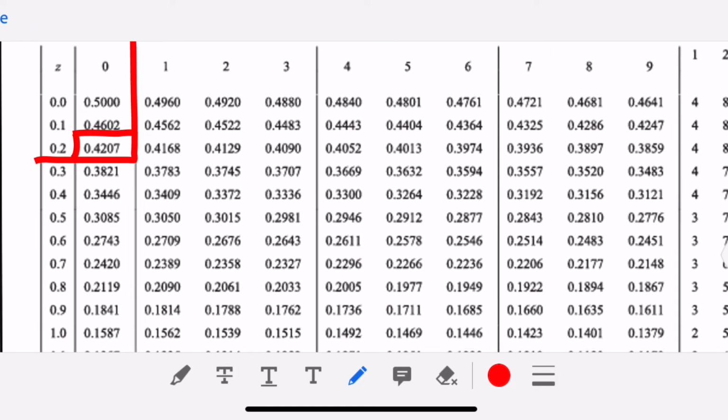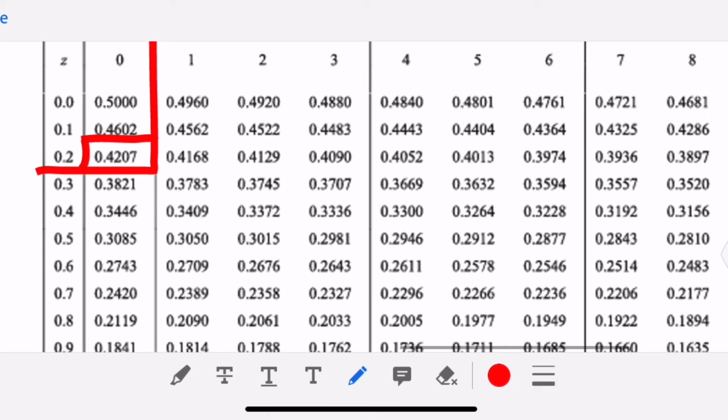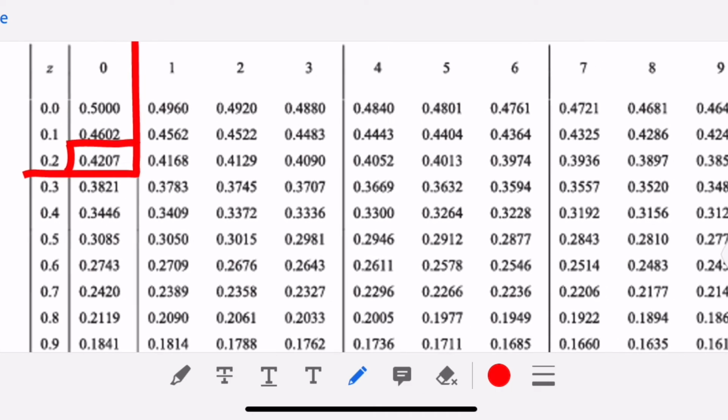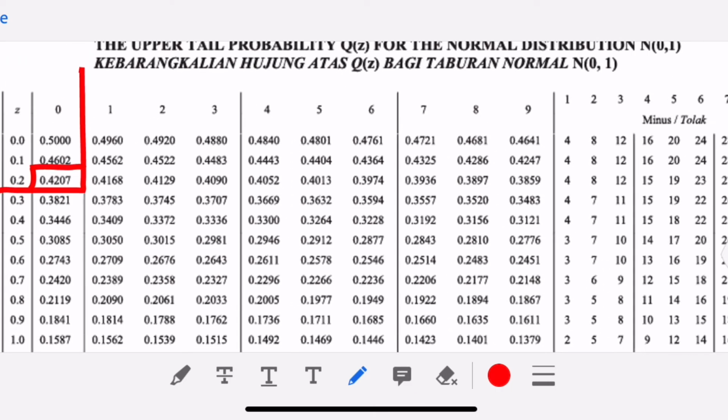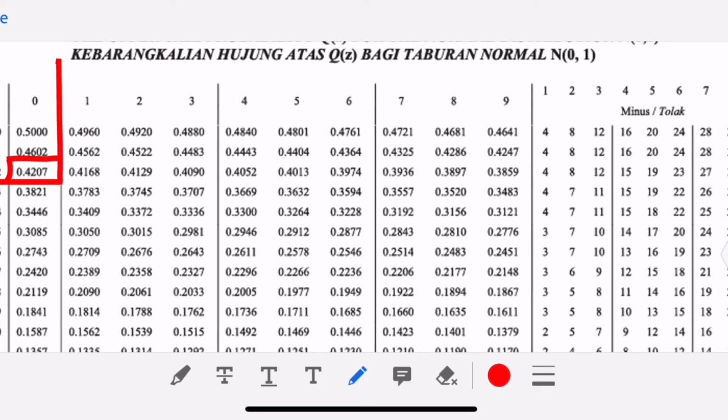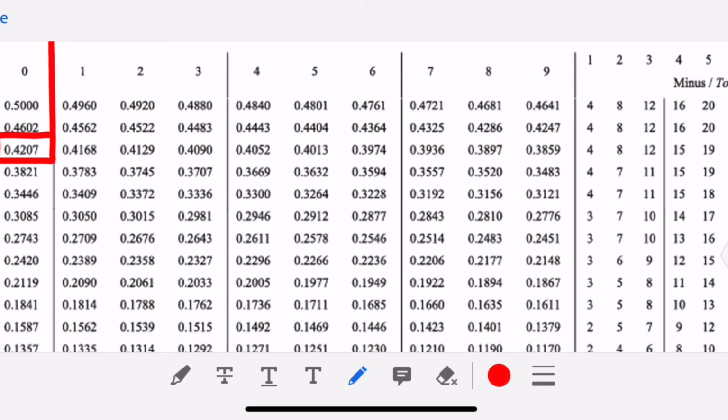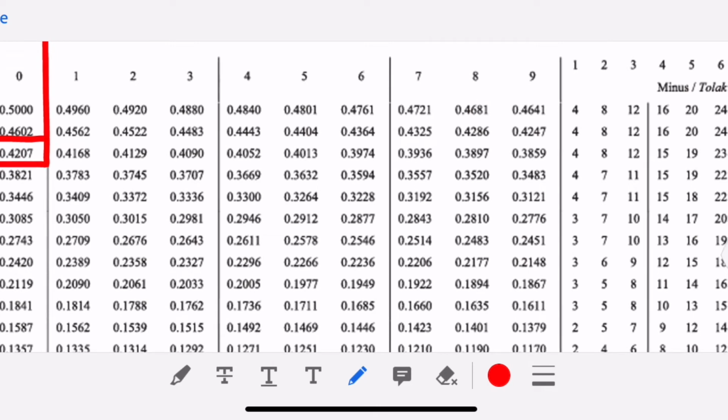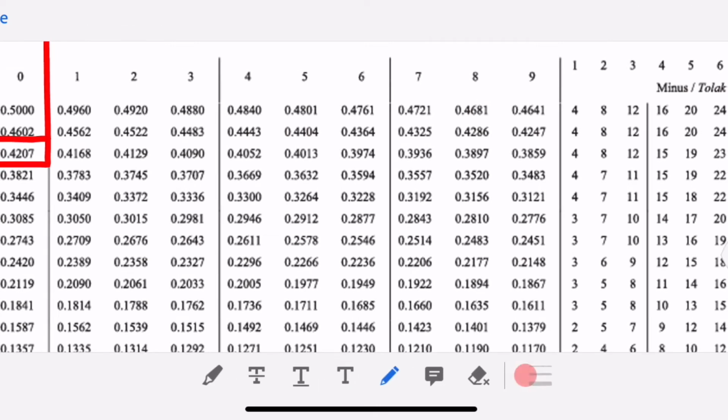We can only get the nearest one, right? The nearest one we have is, okay, we have to do adjustment, so it's a bit troublesome.